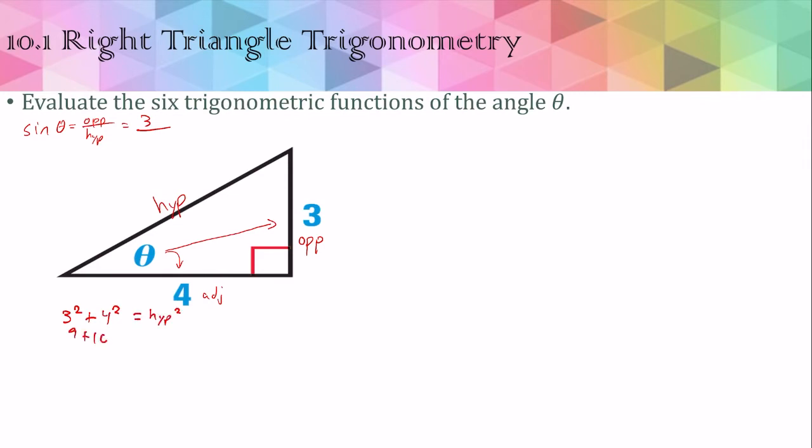That's 9 plus 16, or 25. So my hypotenuse appears to be 5. So sine is 3 over 5, which makes cosecant, the reciprocal, hypotenuse over opposite, 5 over 3.